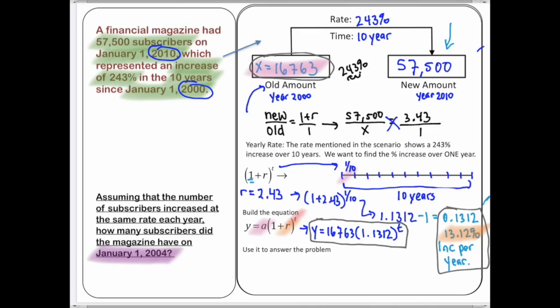So we take the function that we just built, and we look at what t is. What is the time from when we started counting? The original amount that we started counting was in year 2000. So if I'm looking at how many we had in 2004, then t is going to equal 4 in this case.